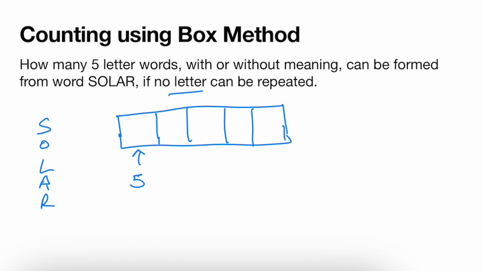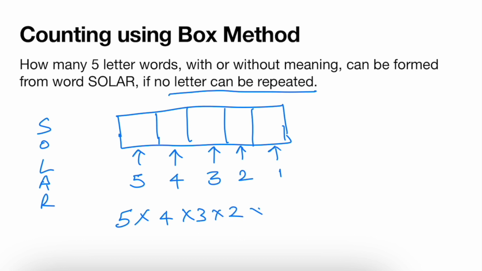And they said no letter can be repeated, so we cannot take the same letter we have used in the first box. So we are left with only 4 letters to fill in the second place. Similarly, 2 letters have been used, so we have only 3 letters to fill in the third place, 2 letters to fill in the fourth place, and 1 letter to fill in the fifth place. So totally we have 5 into 4 into 3 into 2 into 1, which is 120 words that can be formed using the word solar.